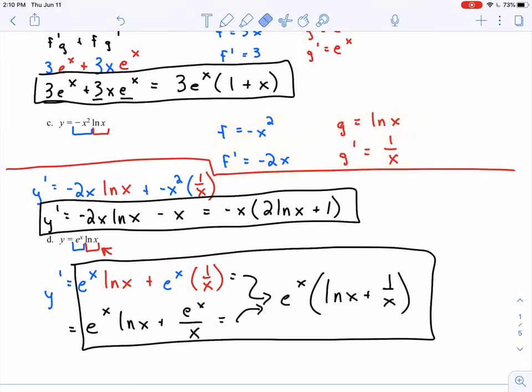So, like I said earlier, I probably won't be labeling here's what f and f prime and g prime is every single time. If you are not quite feeling comfortable with the product rule, if you feel like you need to take your time and label those out, then by all means, absolutely 100% continue to do that.